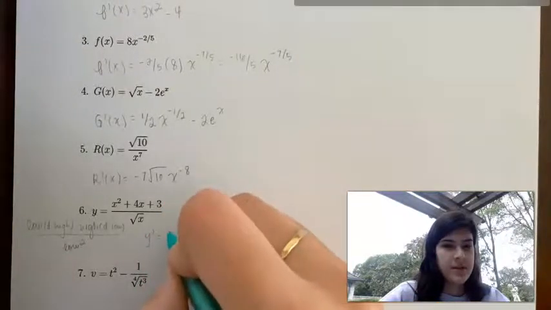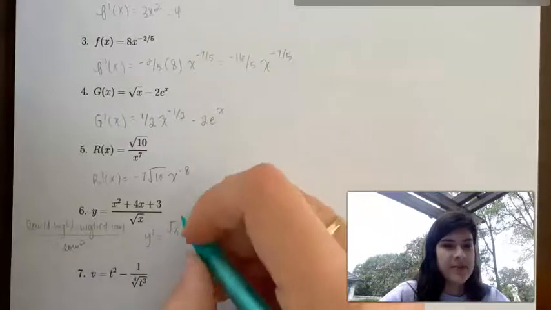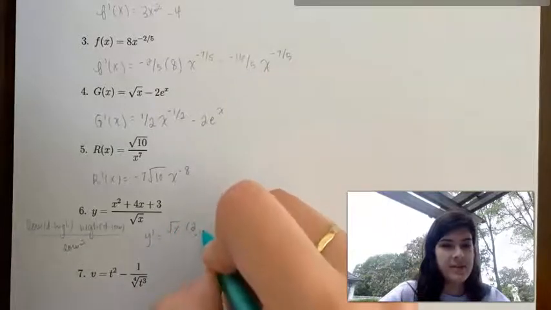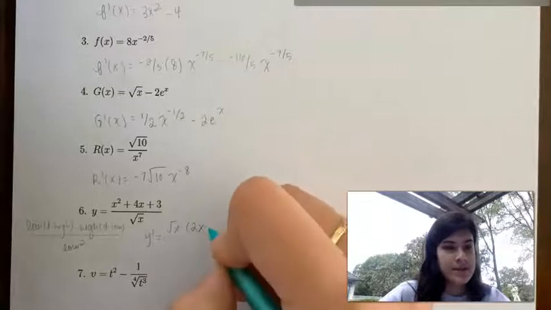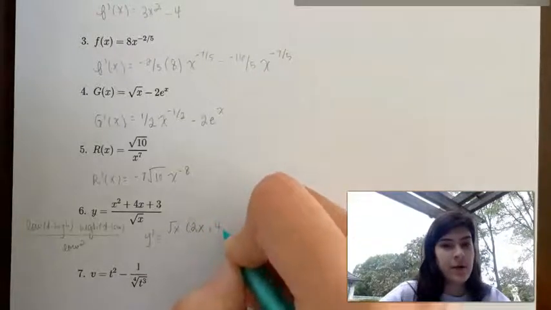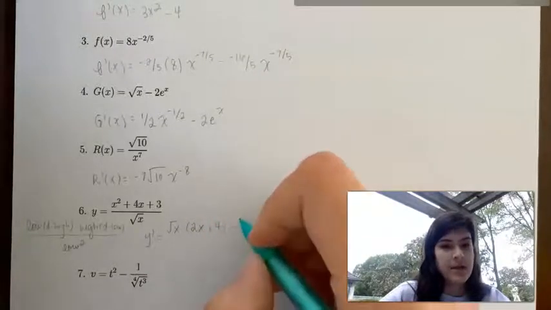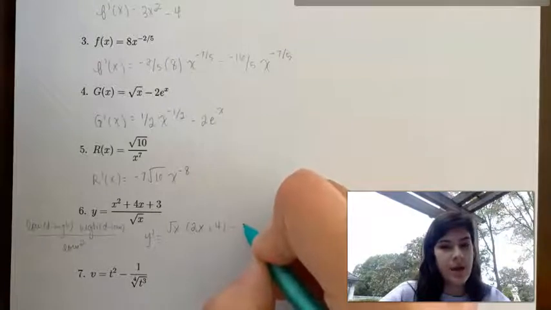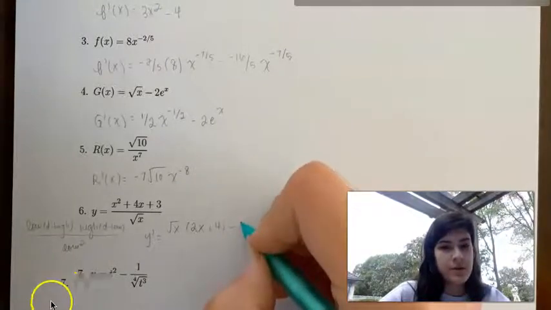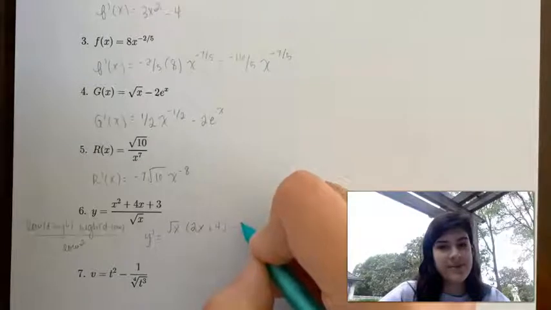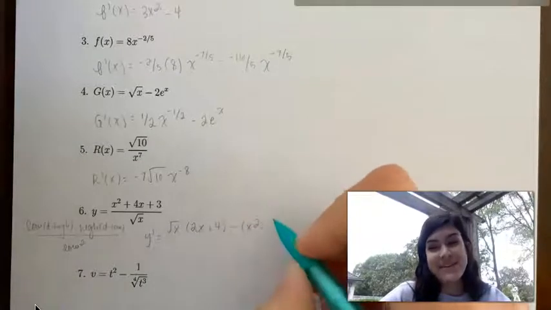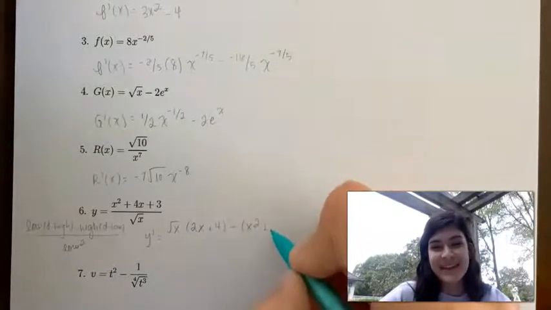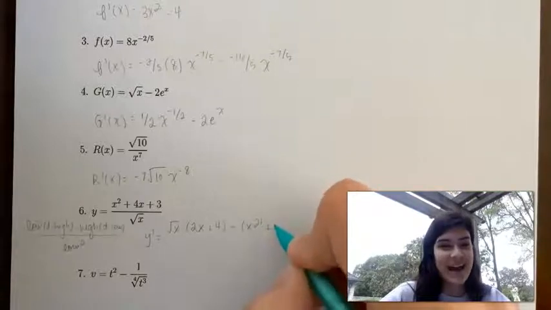So for this one, I'm just gonna rewrite root x, and then to take the derivative of this, I use the power rule, and that's how I got 2x plus 4, and then minus, and then we're gonna rewrite the top. I don't know why it's taking me so long. I'm having to think about it. Sometimes it's hard. That's why I wrote my little rhyme to the side.